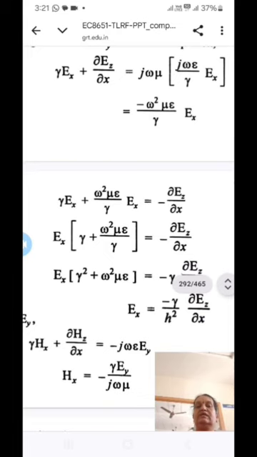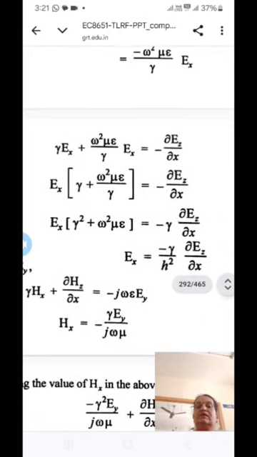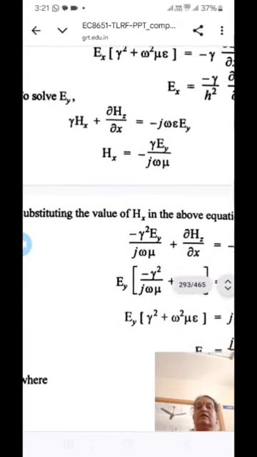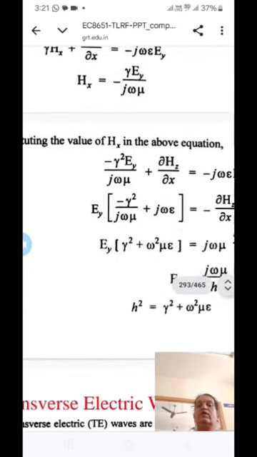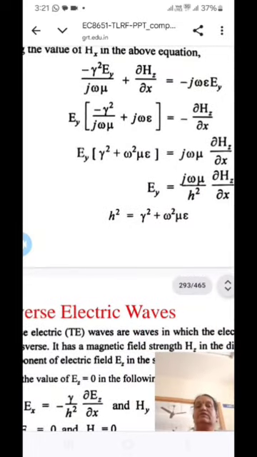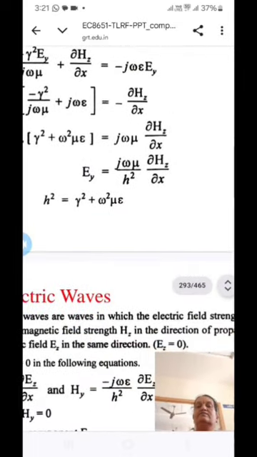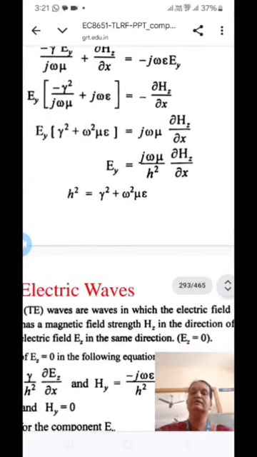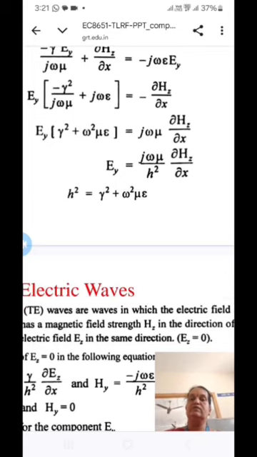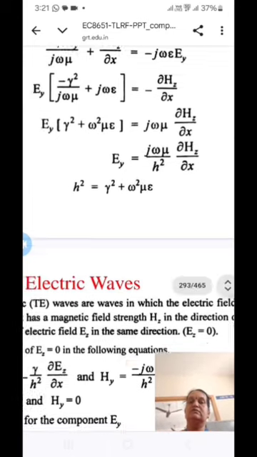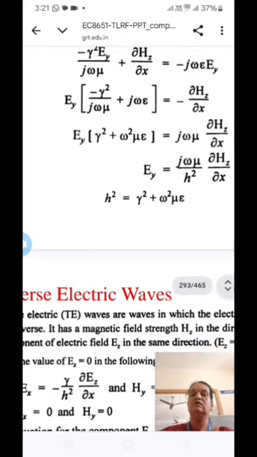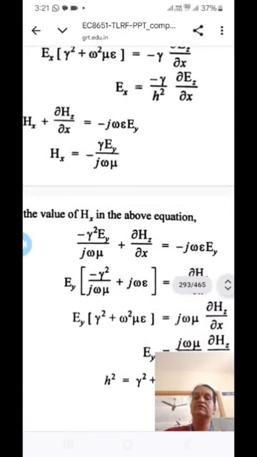We take Ex as common, keeping Ex on one side and the remaining terms on the other side. Similarly for Ey, we take the second set of equations and substitute that in the previous equations, and we get the equations for Ey, Ex, Hx and Hy. The solution of this, along with the set of equations, gives what are called the wave equations between the two.